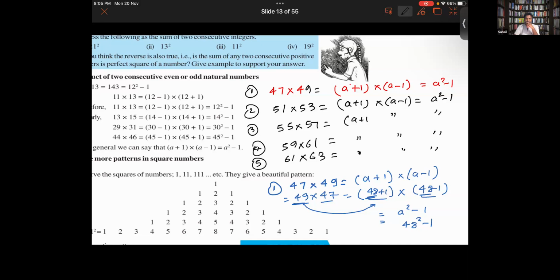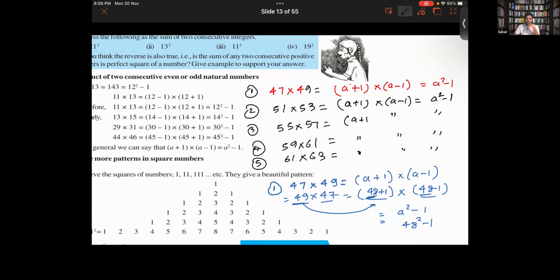No issue in that. Meanwhile, Arhan will be giving me some examples of Pythagorean triplets. Arhan, write some examples of Pythagorean triplets in the chat box.